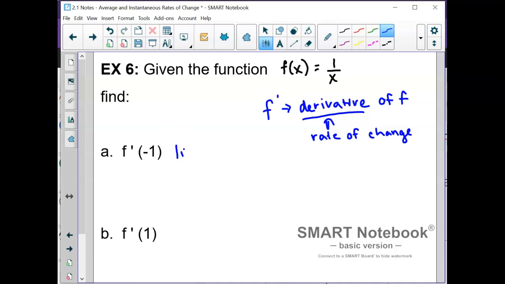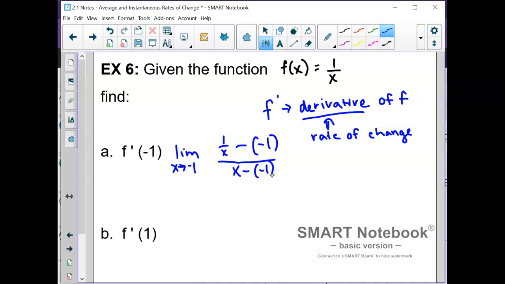So for this one, we would have the limit as x approaches -1 of f of x, which is 1 over x, minus f of -1. So if we plug in -1 here, f of -1 is going to be -1, all over x minus -1.